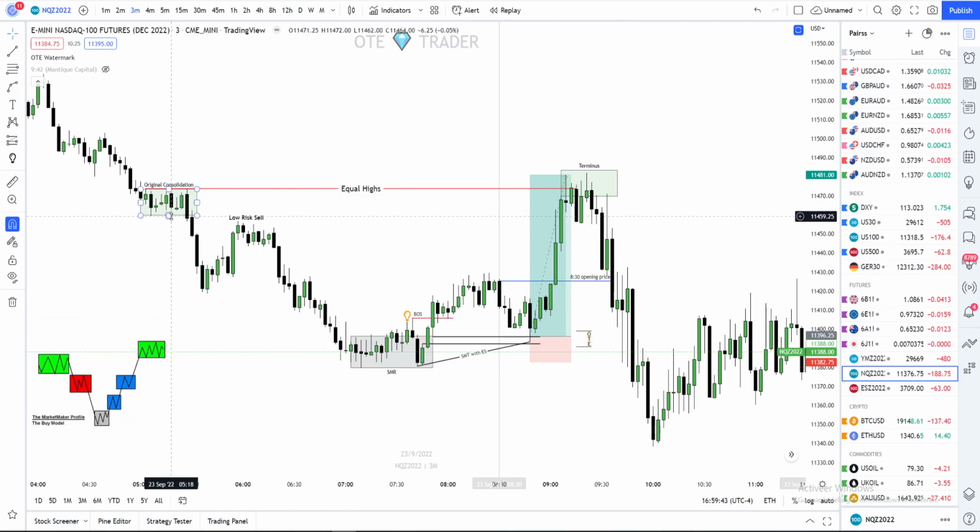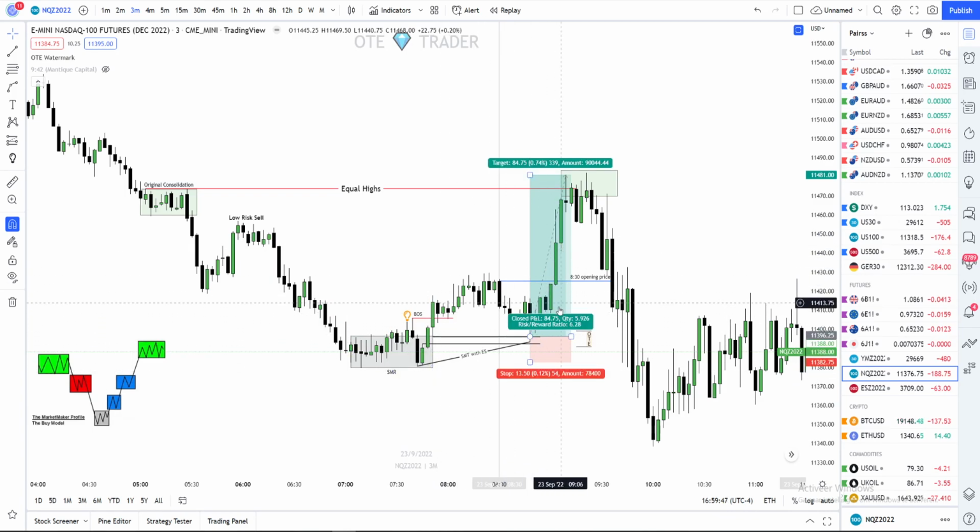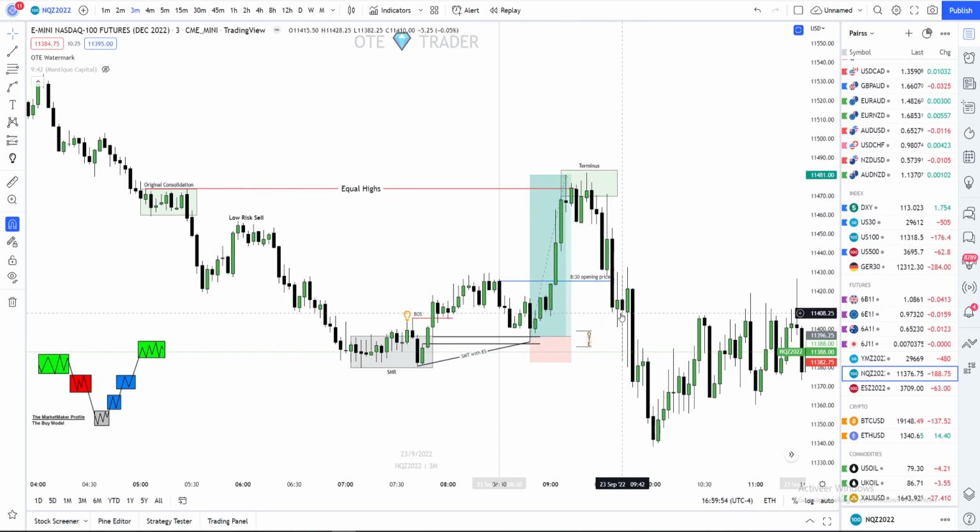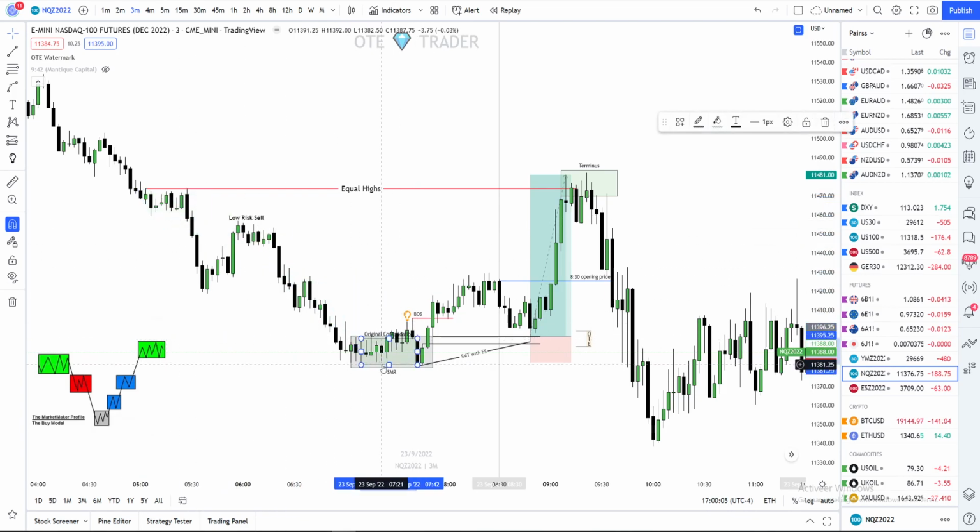So you can catch this, and this is kind of a counter trend trade, with price going above the 8:30 opening to make the Judas. Nonetheless, what is this smart money reversal right now? If we are looking for sells, this is the original consolidation, so we can switch it up and put the original consolidation here, and then we have a new target.